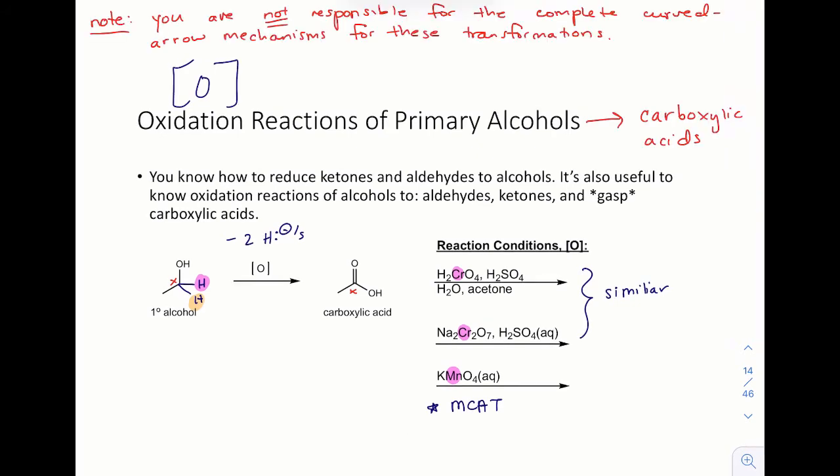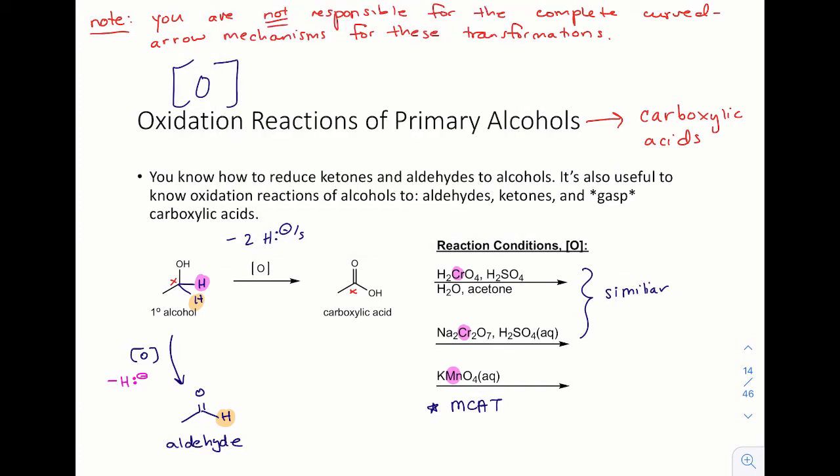Although you are not responsible for drawing the complete curved arrow mechanisms for these transformations, you may be wondering why the alcohol is oxidized twice to the carboxylic acid. And you can understand much of the arrow pushing for that phenomenon. The primary alcohol is first oxidized by chromium or manganese to generate the aldehyde.